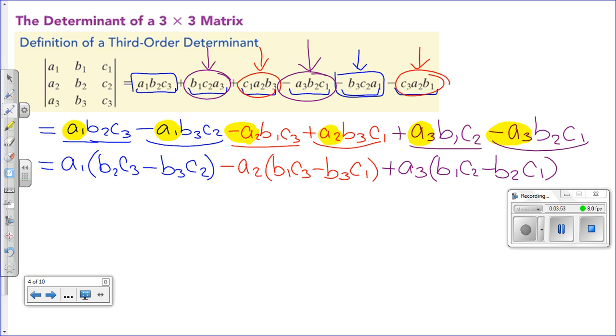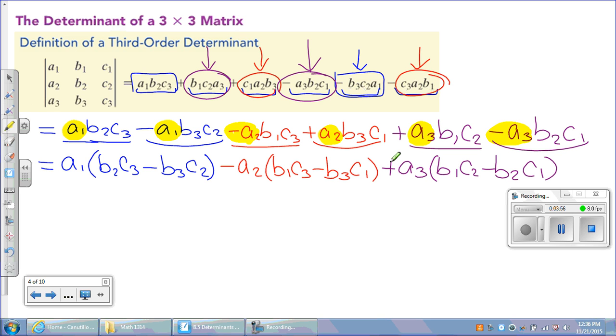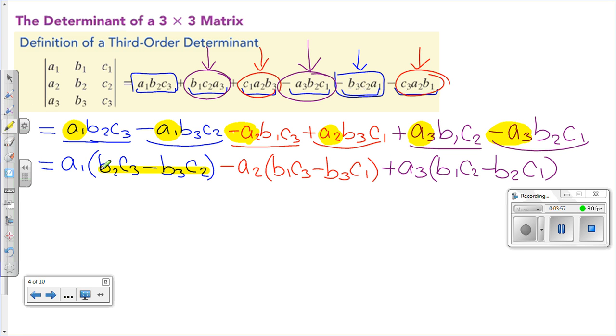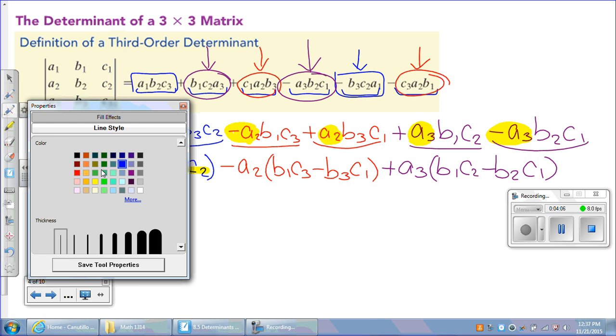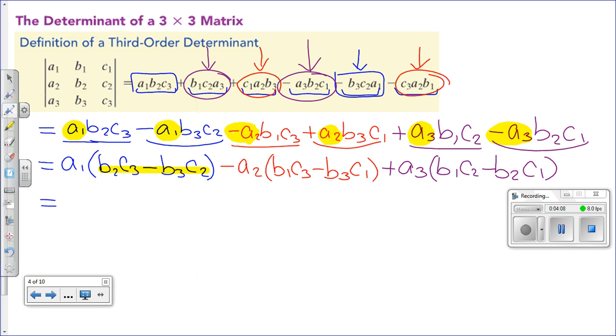Now, what we have here is actually going to be the determinant that you will see coming from here.